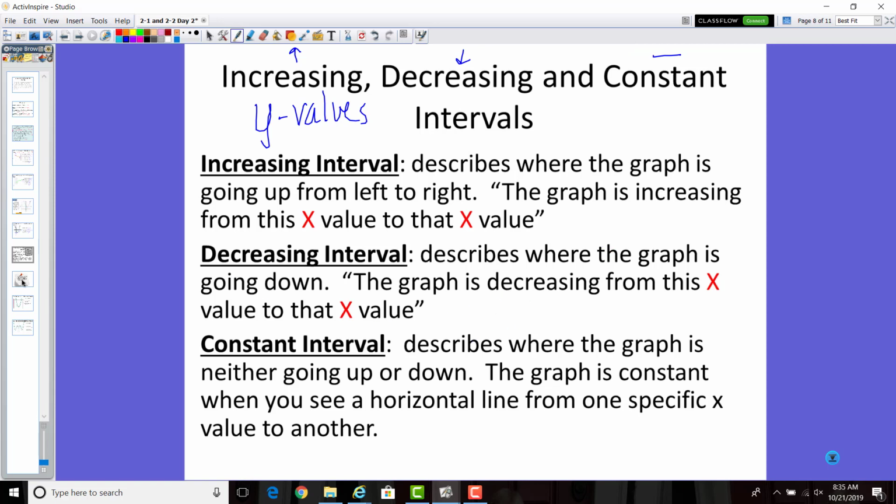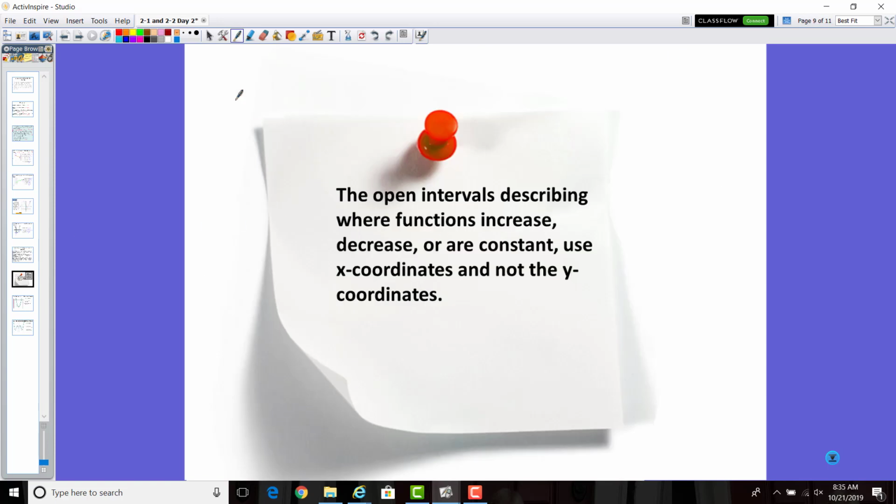But when we name them, we are going to name them using our x coordinates only, not the y's. The x coordinates describe the interval between this x and that x where my y values go up, down, or do neither and stay the same.